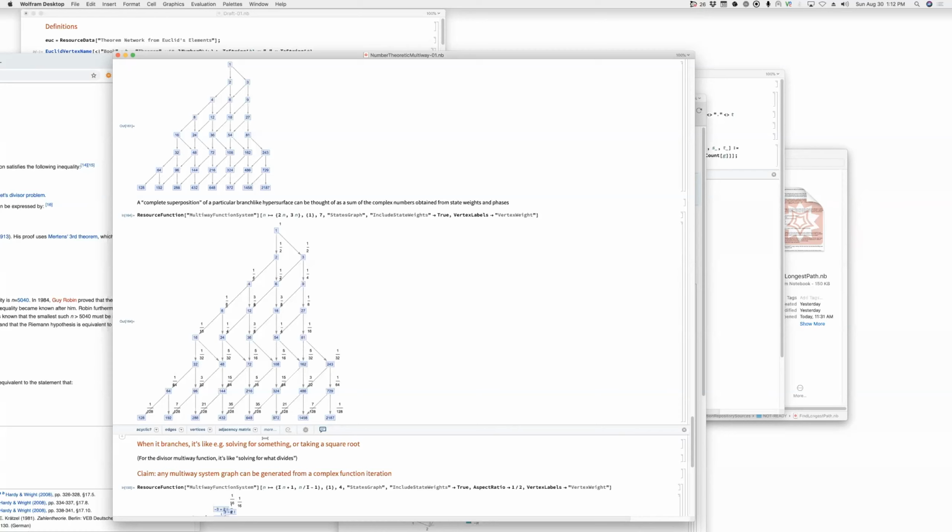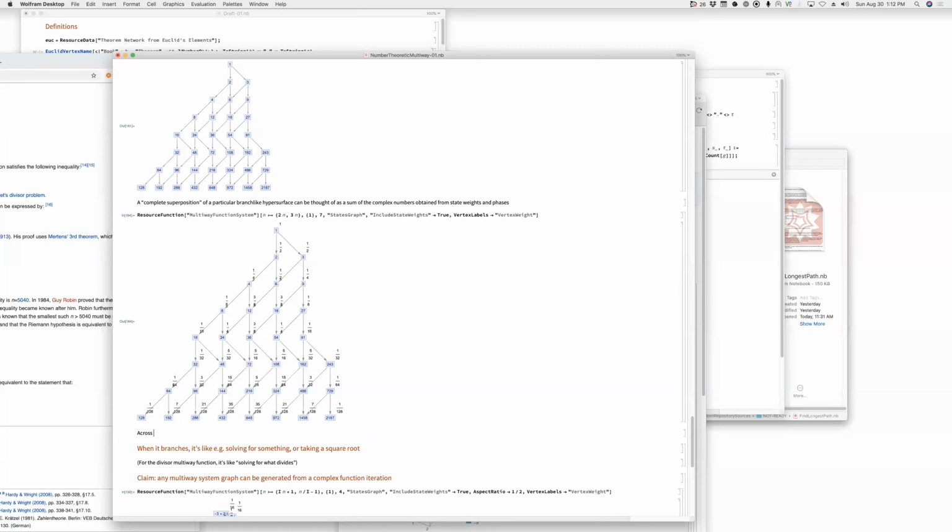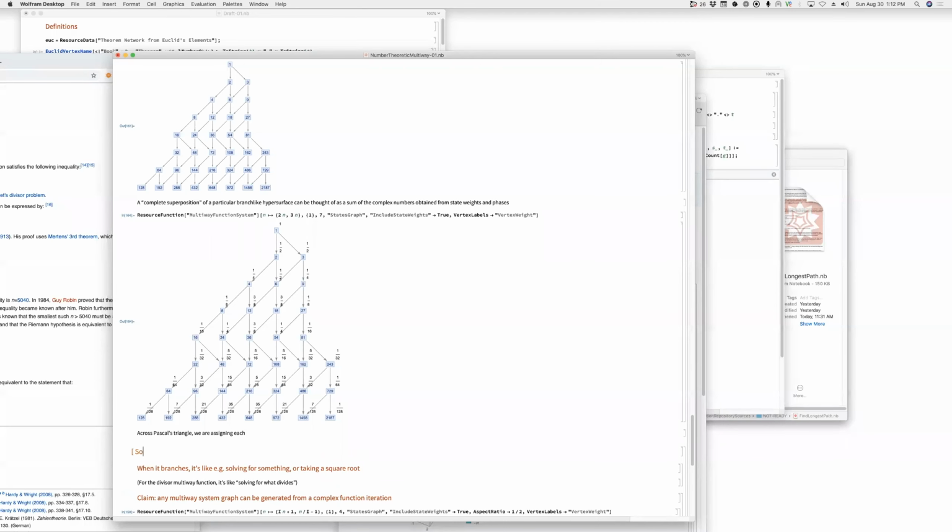So then what you're saying is, as we go across Pascal's triangle, we're assigning each number a complex phase.